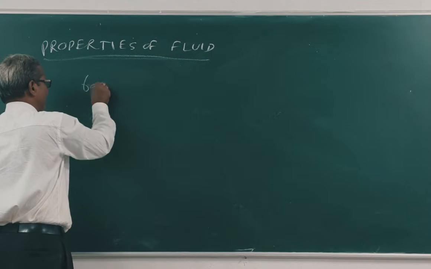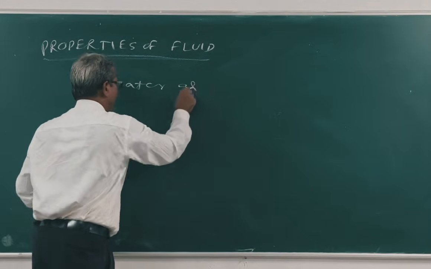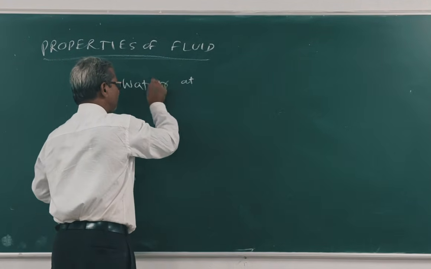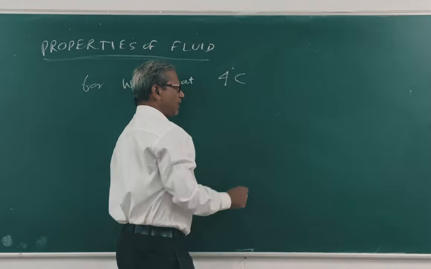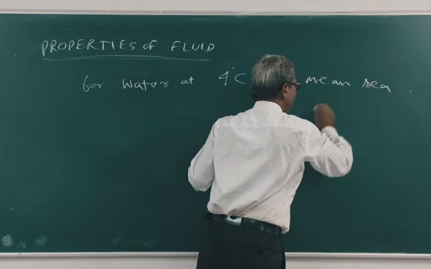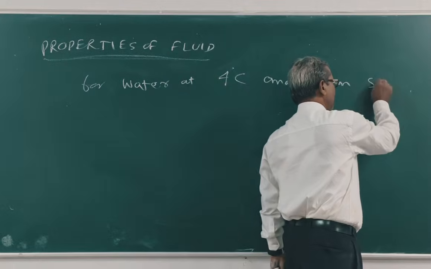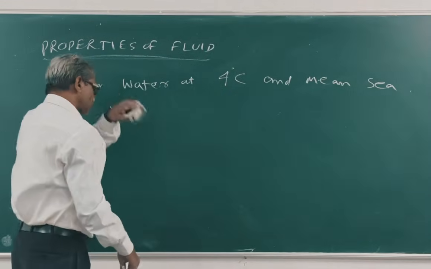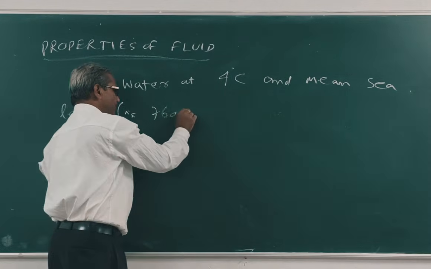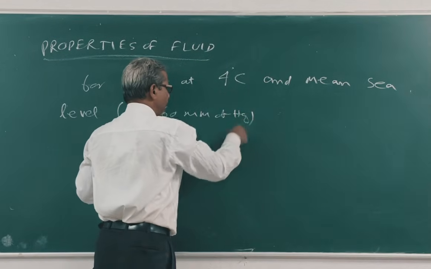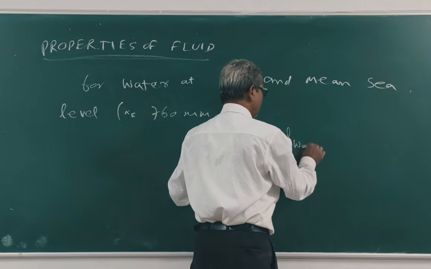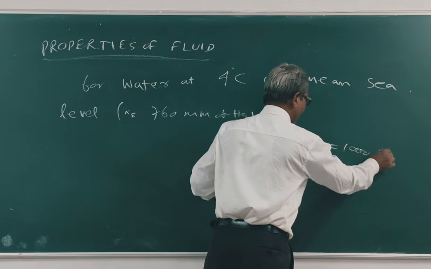So for water at 4 degrees centigrade and mean sea level, that is 760 mm of Hg, what is rho of water? 1000 kg per meter cube.